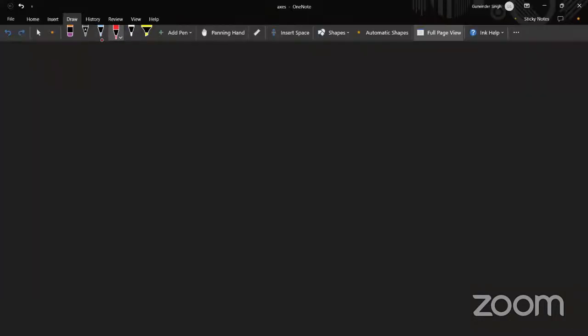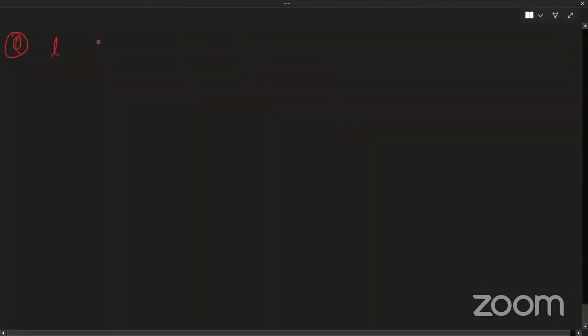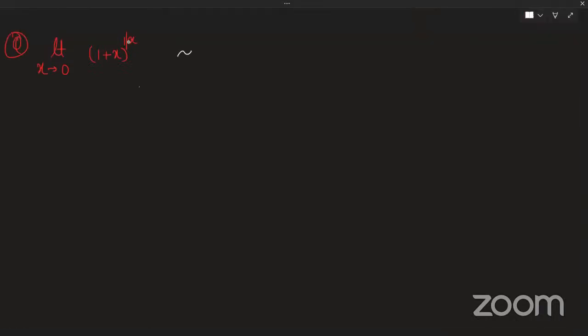Let us start with an easy case first. Limit x tends to 0, 1 plus x raised to 1 by x. Obviously it is a 1 raised to infinity case, because if x is tending to 0, 1 by x will go to infinity.